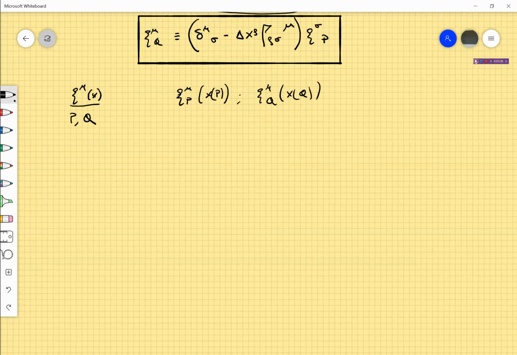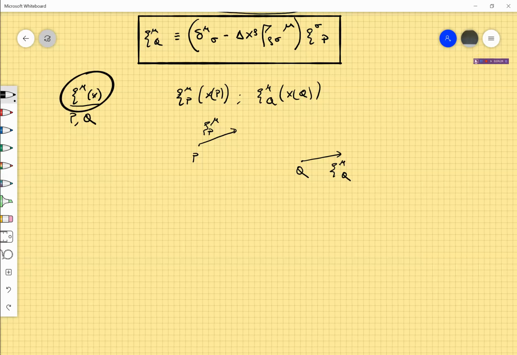But then I can ask this question: if this is the point P and the point Q, which I imagine are infinitesimally close, and this is psi mu of Q, and this is psi mu of P, and remember that these vectors are given by the definition of the vector field, I can try to ask how much this vector field changes from P to Q according to its own definition.